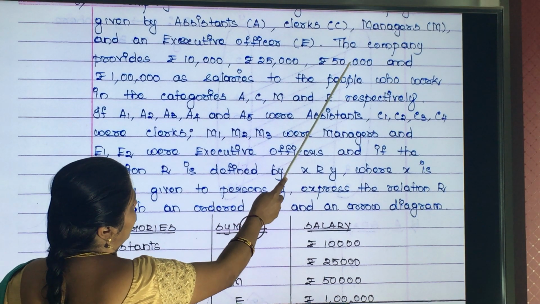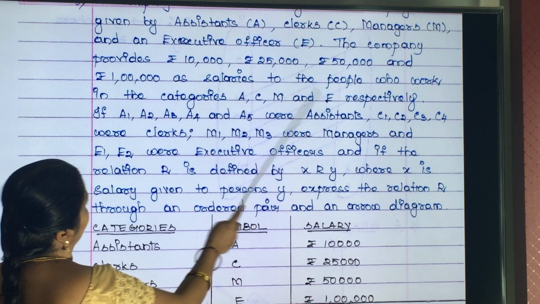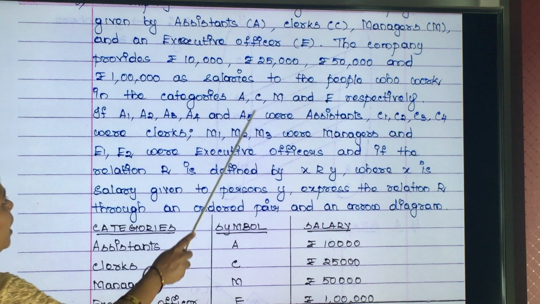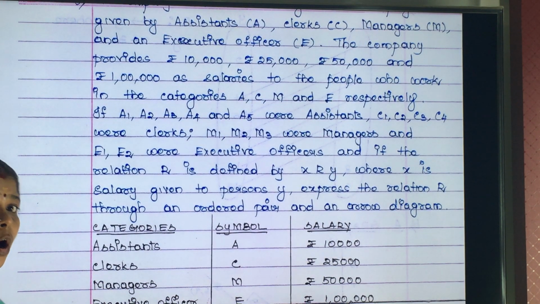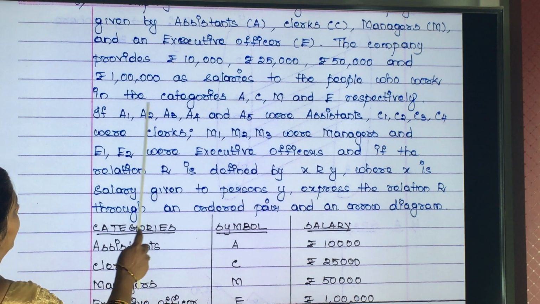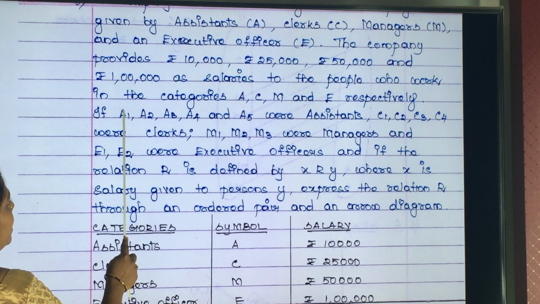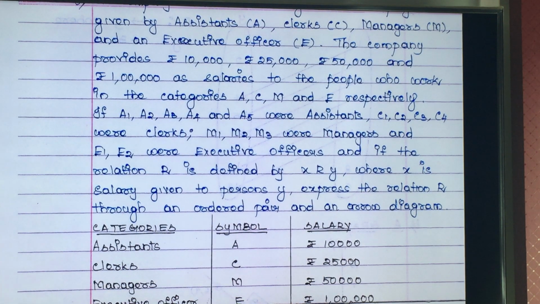Managers will get 50,000. And then the executive officers E will get 1 lakh. Now assistants are represented by the letter A. There are 5 assistants, denoted as A1, A2, A3, A4 and A5.